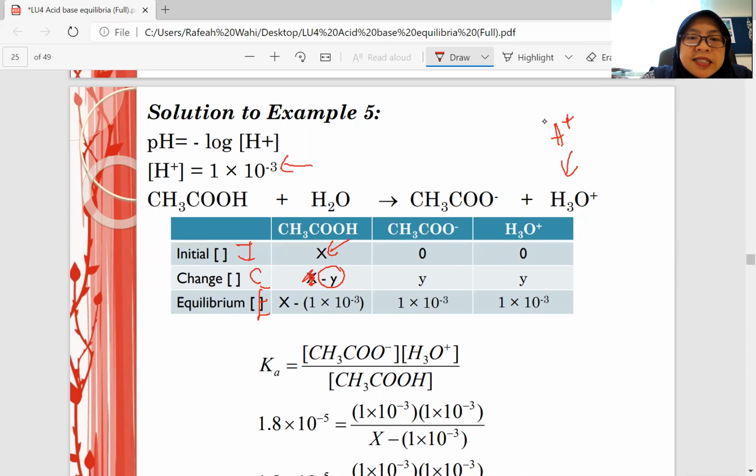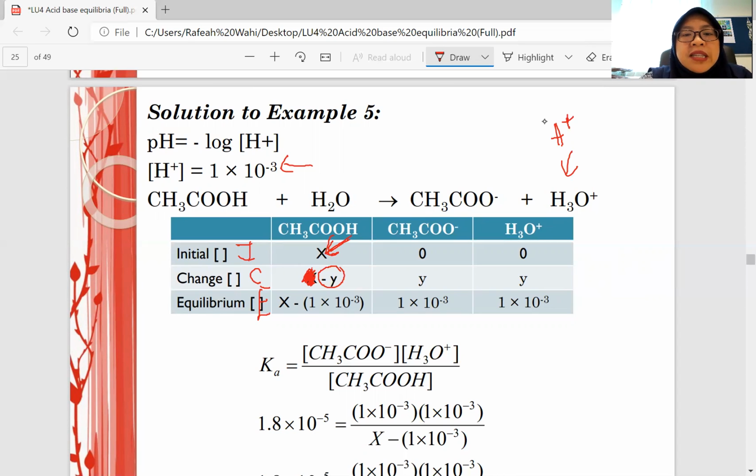Okay, let's cancel this X so you don't get confused, because we just want to show how much concentration is changed. We don't want the equilibrium concentration, so I'll just cancel X here. So again, I repeat, we don't know the initial concentration of the weak acid, so we put there unknown X for the initial concentration of acetic acid.